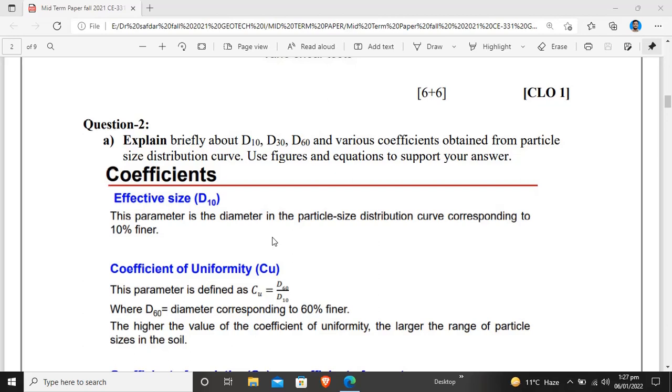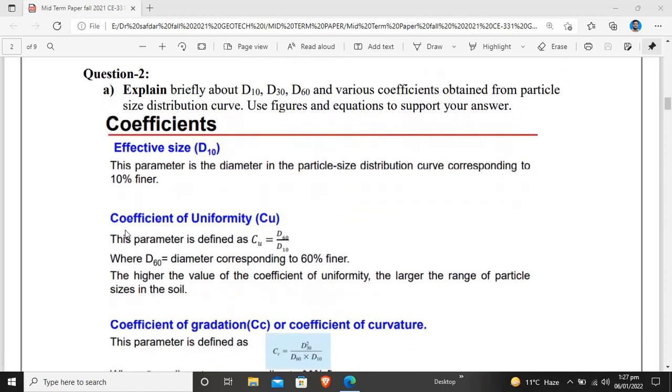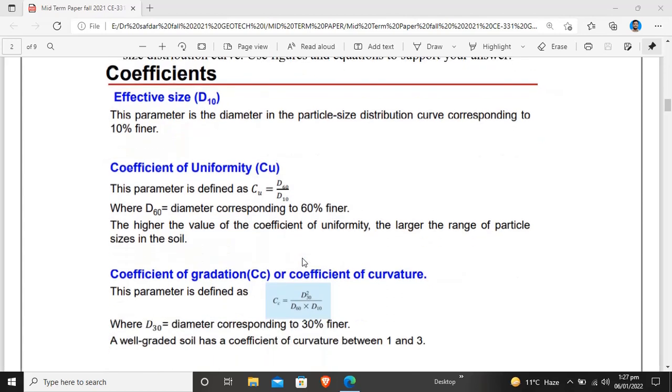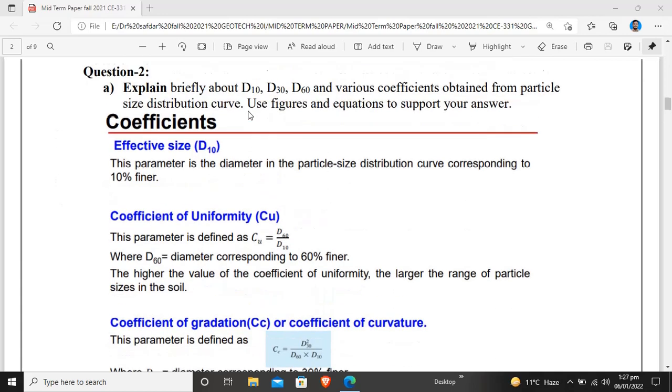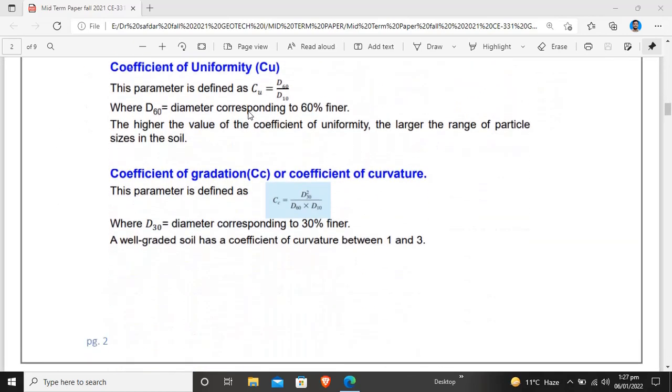And also you have to define the coefficient of uniformity, D60 by D10, and the coefficient of gradation or coefficient of curvature. So this is the solution of question number 2 part A.